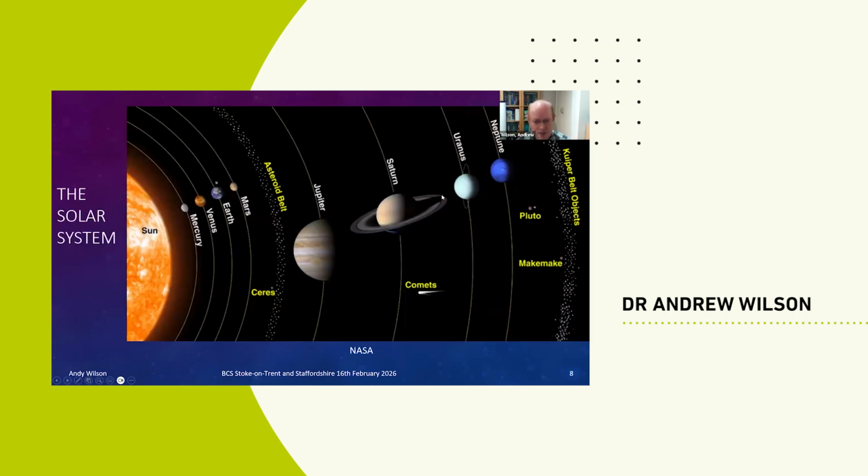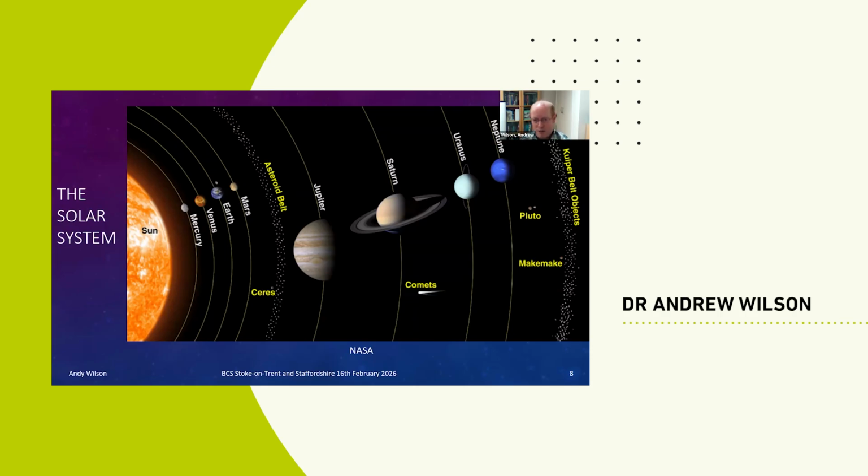So what I'm going to do is start from the nearby solar system and then move off into more distant objects. In our solar system, we have the Sun at the center, which is just a pretty typical ordinary star. Then we have the four inner planets, which are rocky worlds, Mercury, Venus, Earth, and Mars, and they either have no atmospheres or fairly thin atmospheres.